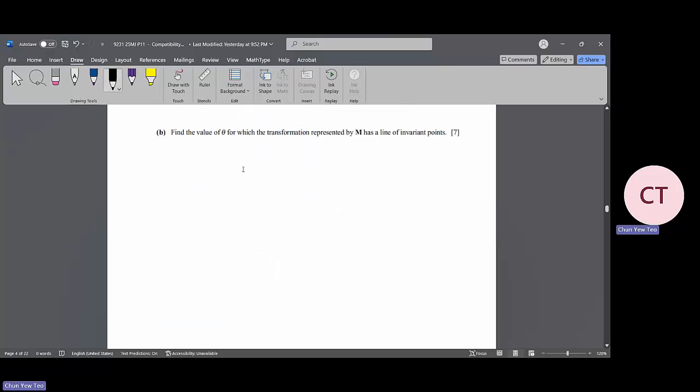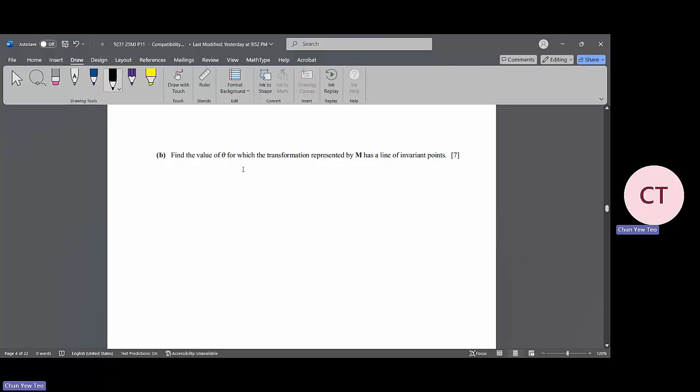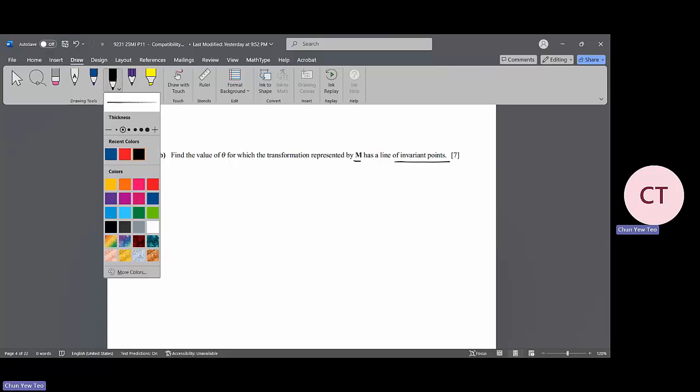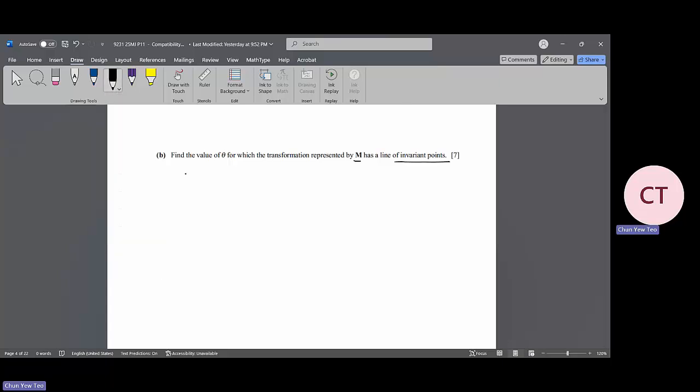Now we move on to 4b. Find the value of theta for which the transformation represented by M has a line of invariant points. For invariant points, that means (x, y) will transform to (x, y). So first of all, we need to find M as one matrix.